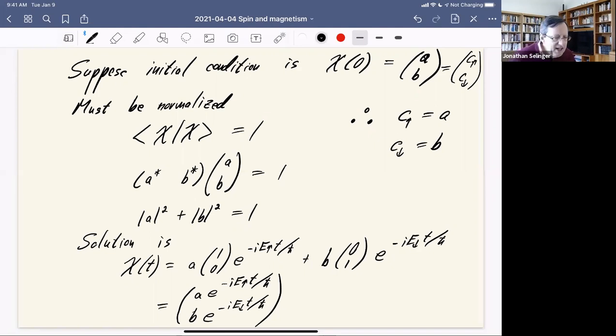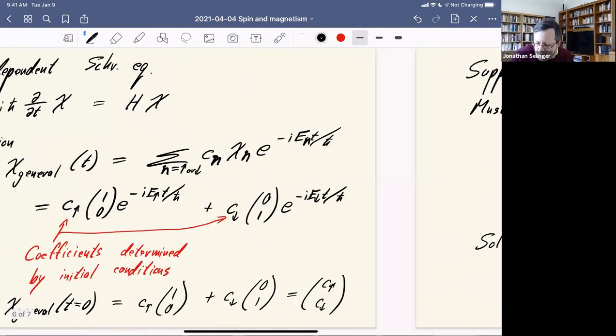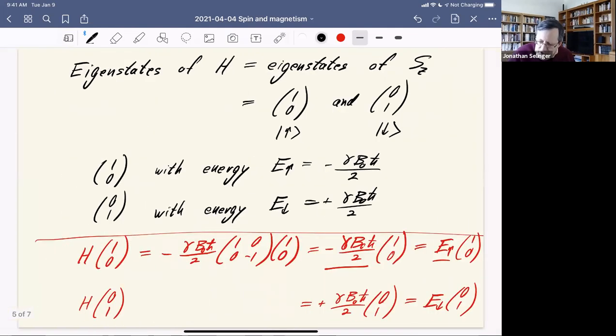Or we can actually use what we know are E up and E down. We have these expressions over here for E up and E down.